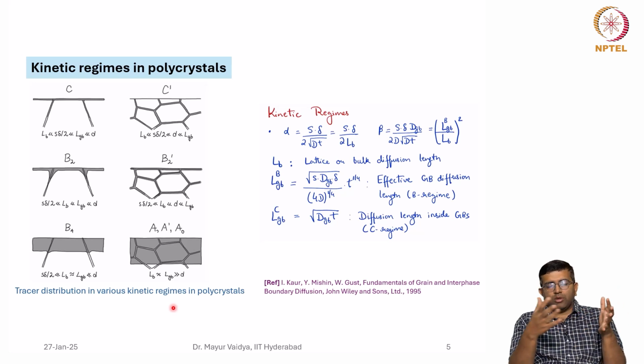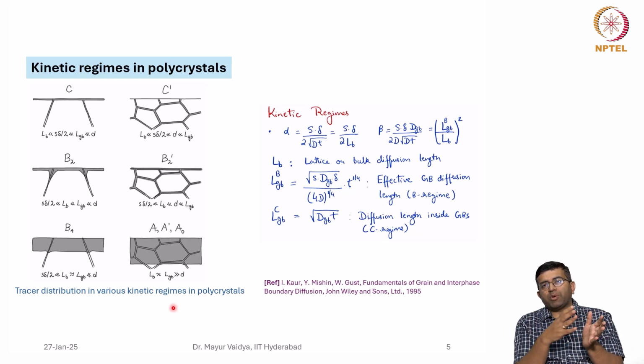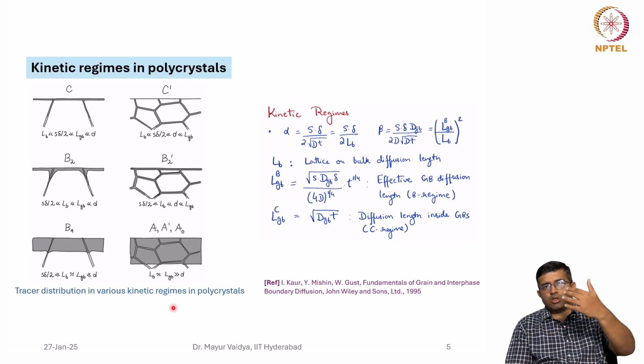When you synthesize nanomaterials, many times the nanostructure is metastable, and it has a high propensity to decrease its energy through grain growth and certain relaxation phenomena.